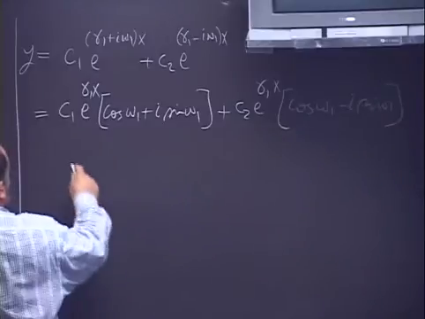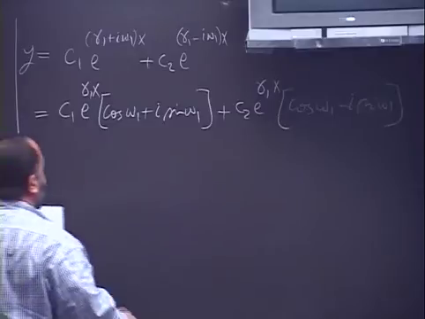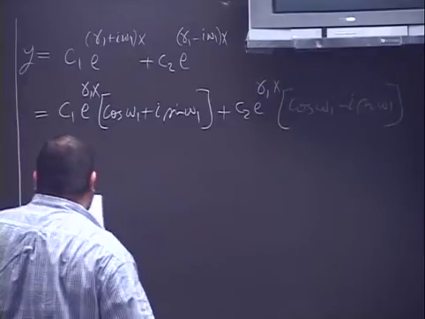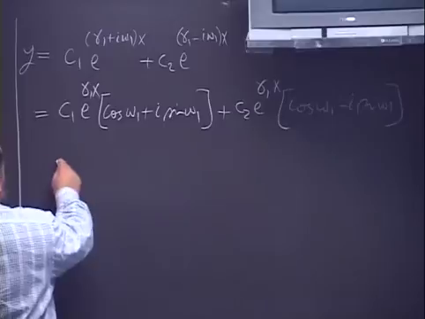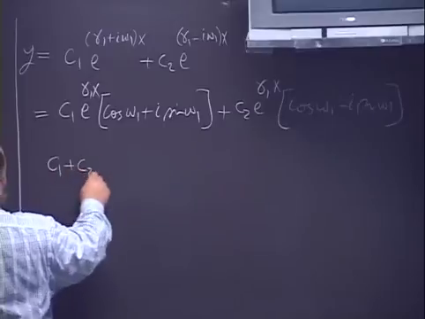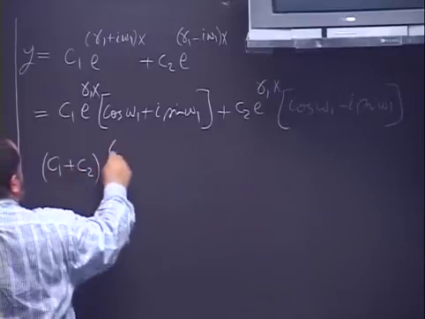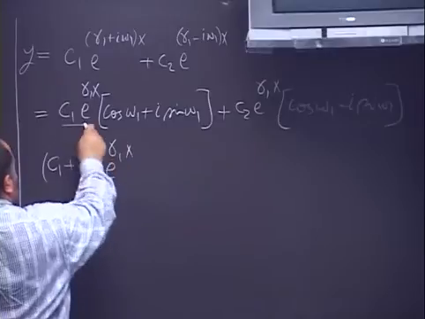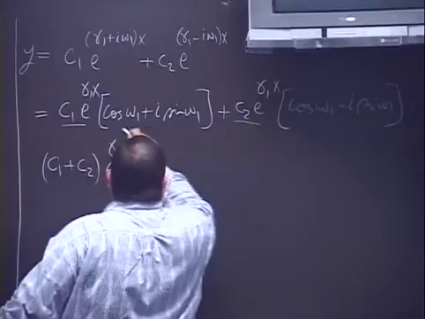Then you will have c1 plus c2 multiplied by e to the power of gamma 1 x, this term and this term, and you will have what?